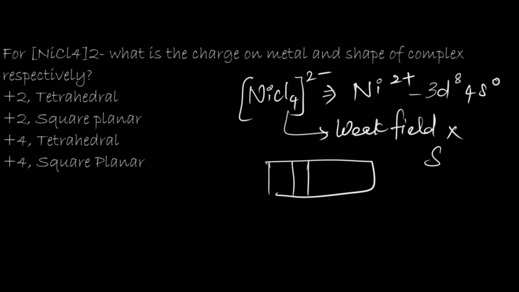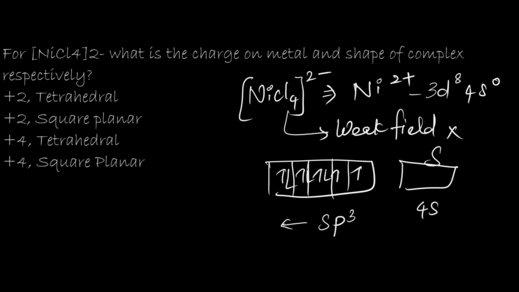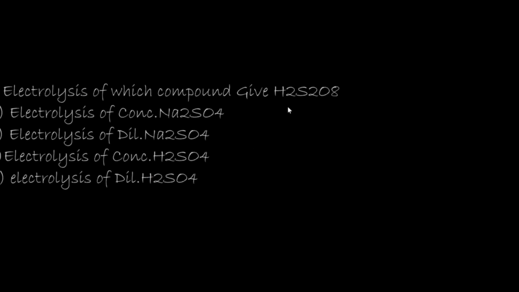So the electrons will occupy positions like this, isn't it? The hybridization starts with the 4s orbital, so the hybridization is sp3 and it becomes tetrahedral. So +2 tetrahedral, that is the answer to this question.